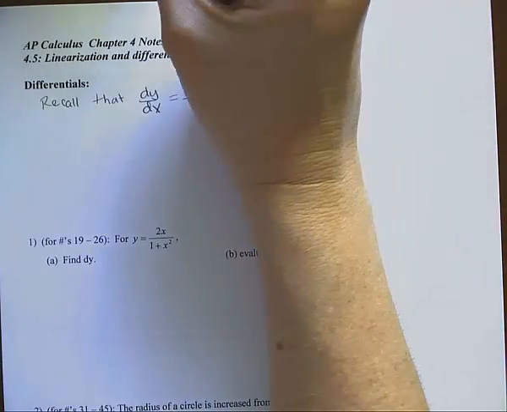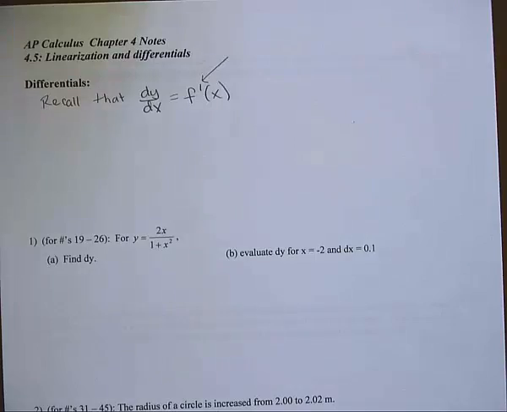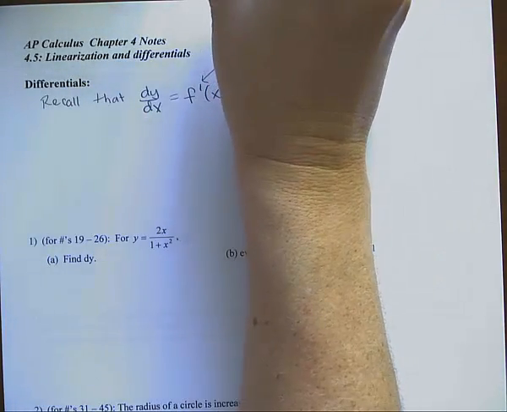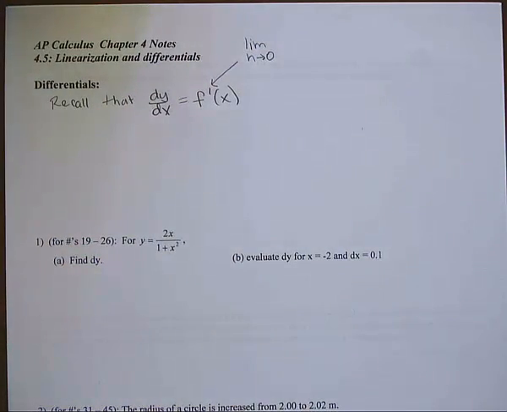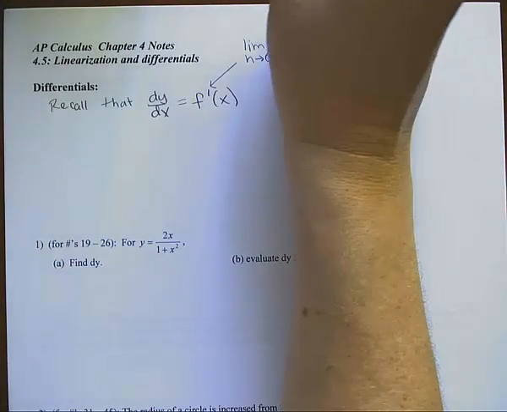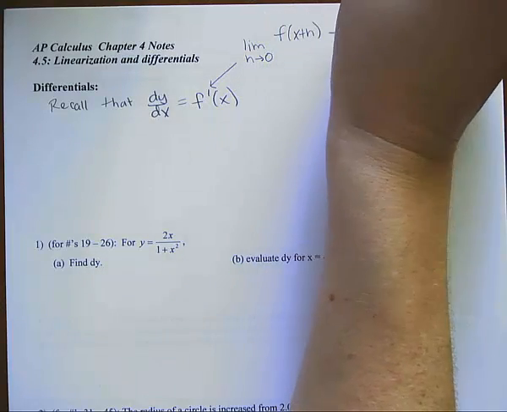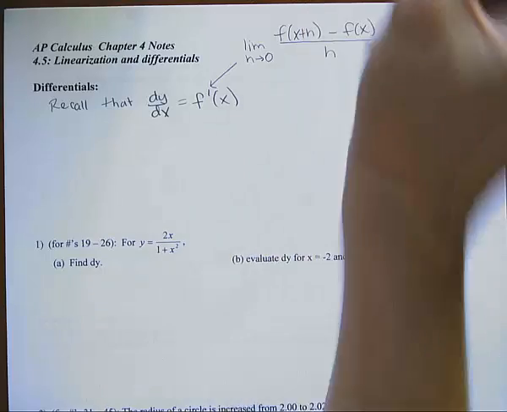Because if you recall, the definition of f prime is when you're taking a limit as h, which refers to the change in x, approaches 0, of f of x plus h minus f of x all over h.